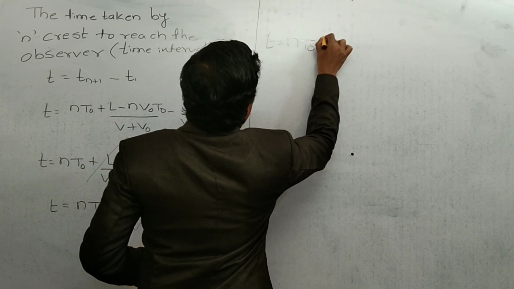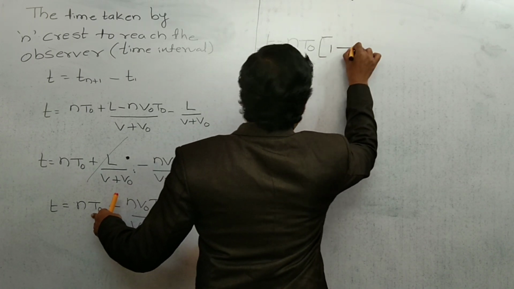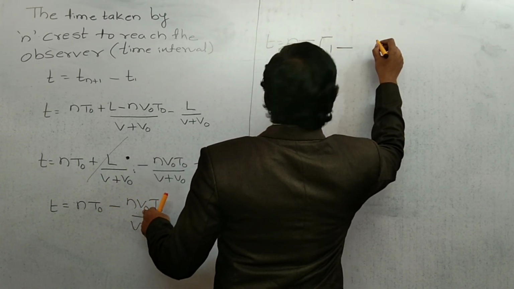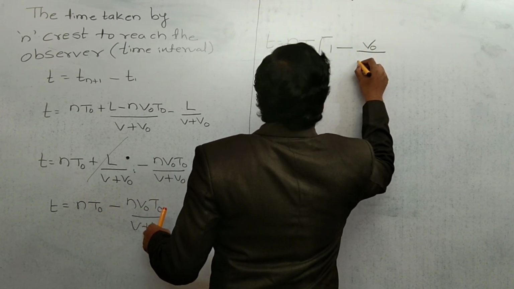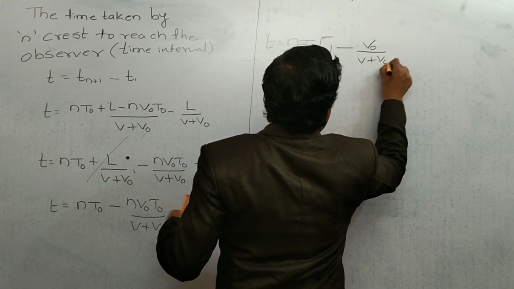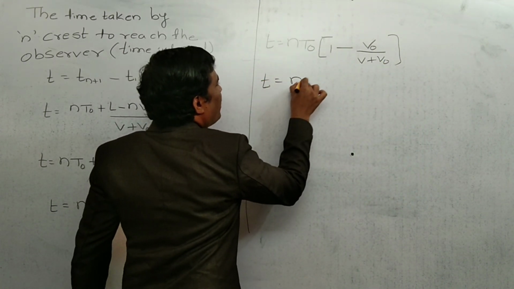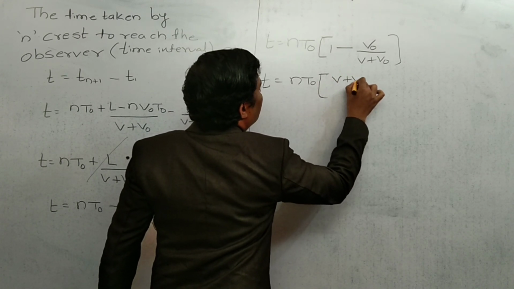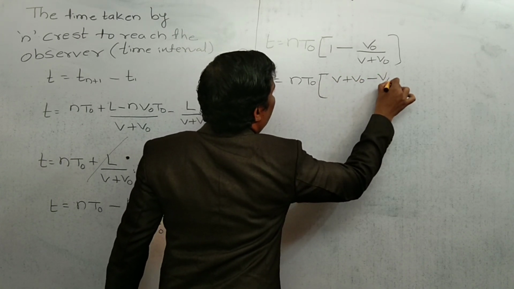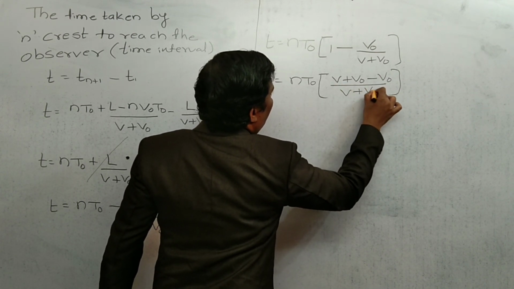The remaining term is 1 minus v naught by v plus v naught. Now take LCM: n t naught times (v plus v naught minus v naught) by (v plus v naught).